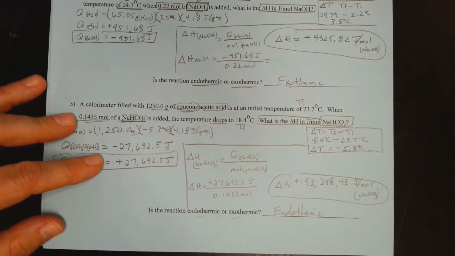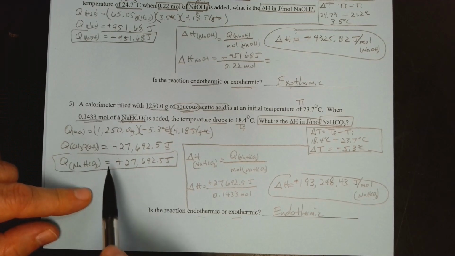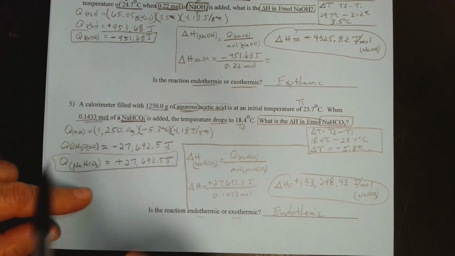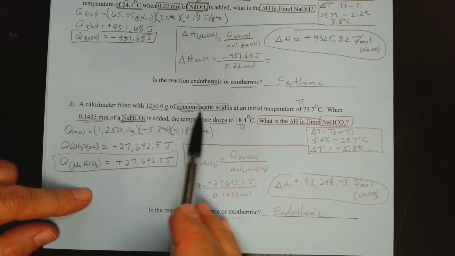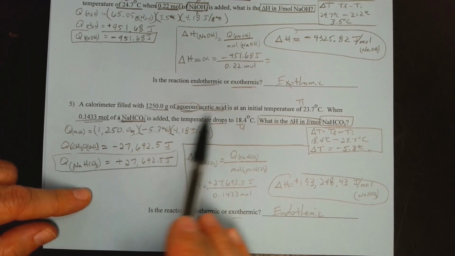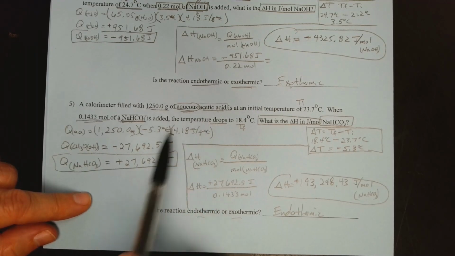Okay? Because remember, you guys, when it comes to these processes, we're essentially dealing with what's happening in the surroundings. In this case, the surroundings is the acetic acid. The acetic acid, you guys, is losing energy.